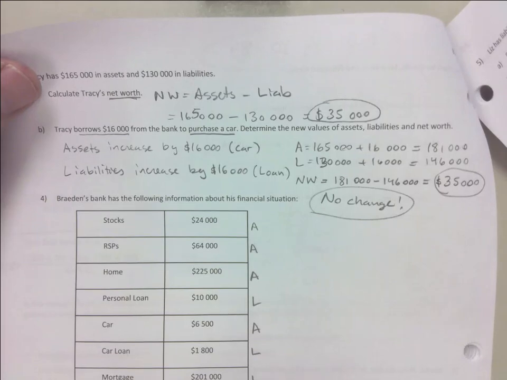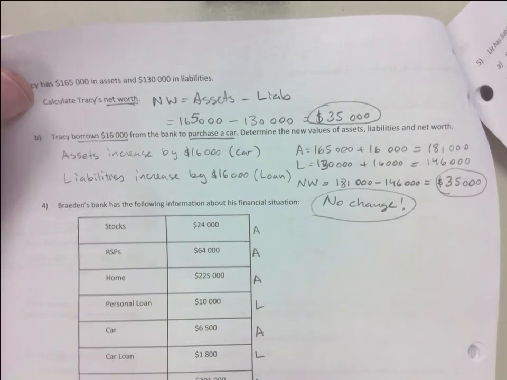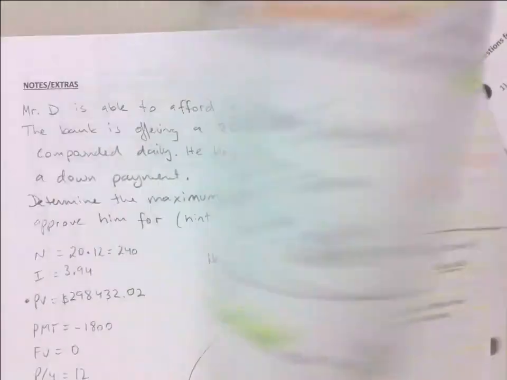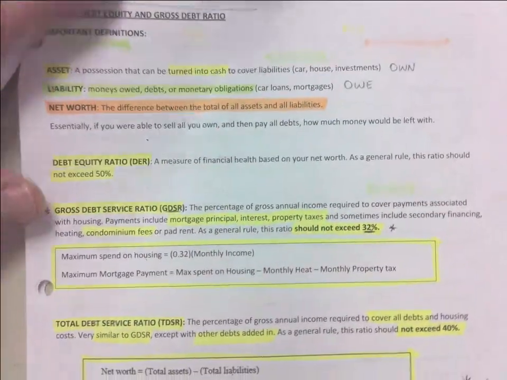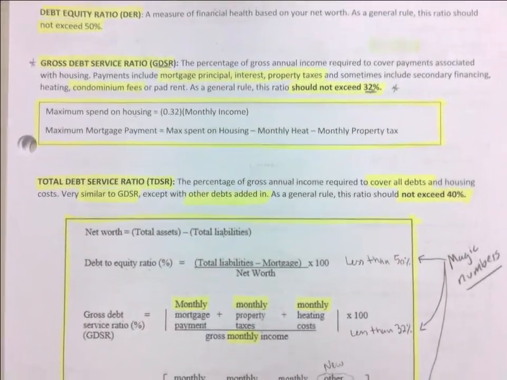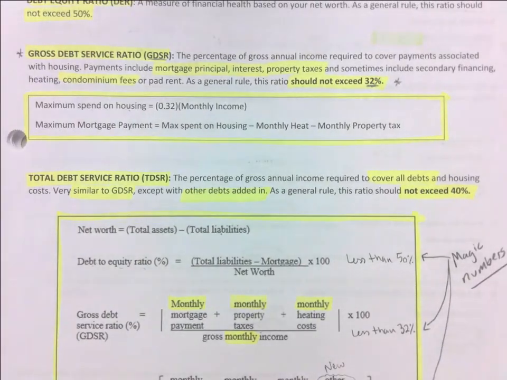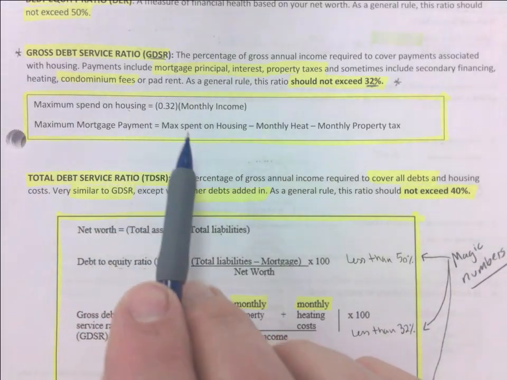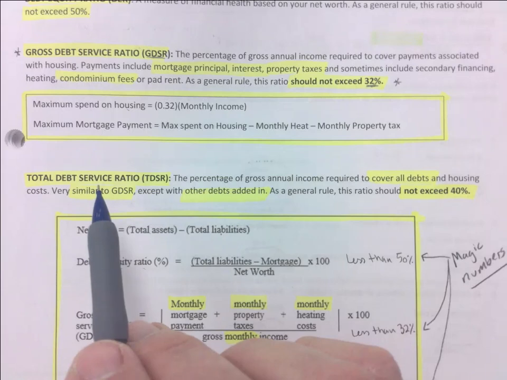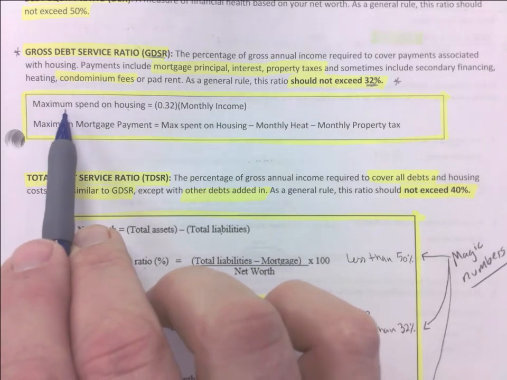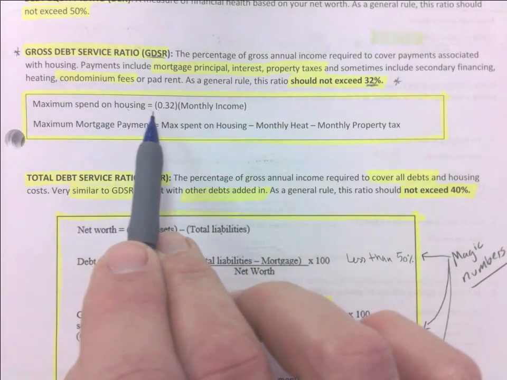Another one, the formula that I would like to clarify, we're going to go back a little bit. We're going to go to 78. So if the province or I ever ask you, what's the maximum someone can be spending on housing?